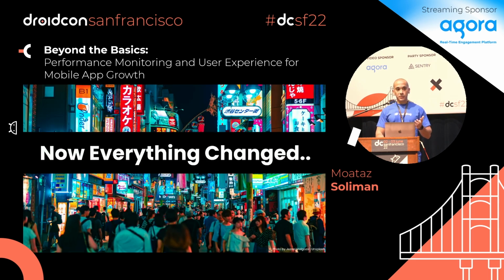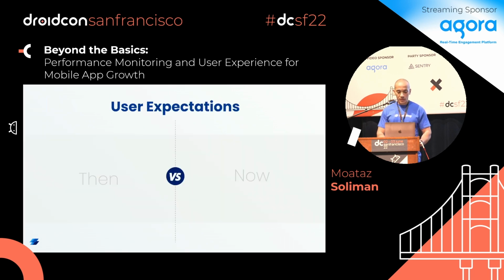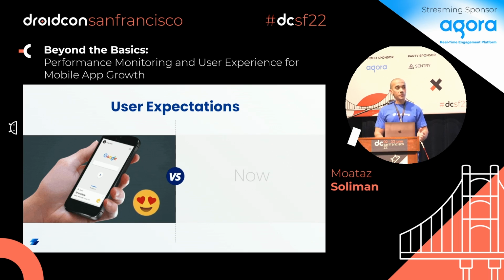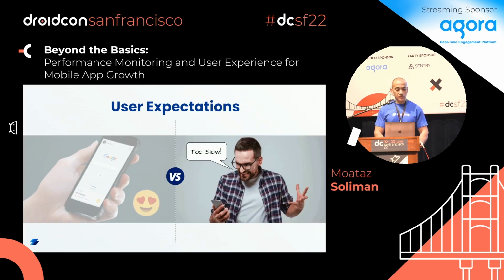Now everything has changed. When we look at this right now, you will see that many things changed throughout the market. User expectations are very different, operating systems are very different, competition is very different, and the app stores are very different. Let me give you a quick example. On the user expectation side, while it could have been an okay experience when users were fine with a spinner spinning inside the app most of the time, now this is just too slow.